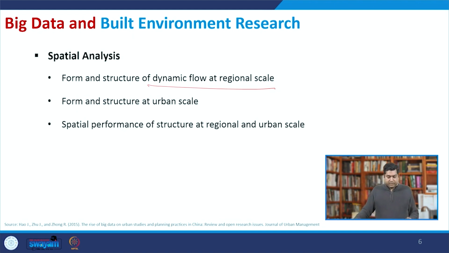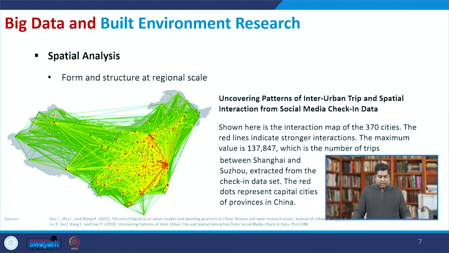Spatial performance of structure at regional and urban scale is also something you can measure, how things can move. For example, if you have information about the crop pattern, or about watershed management, you can do all such analysis with big data and the built environment.